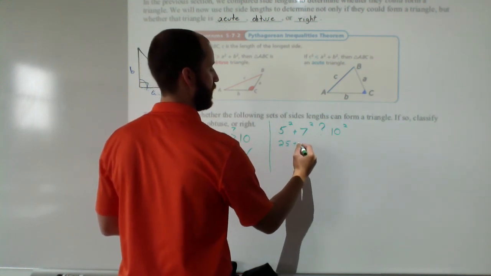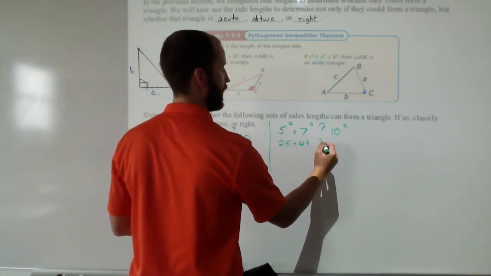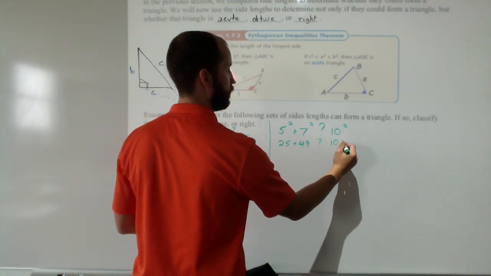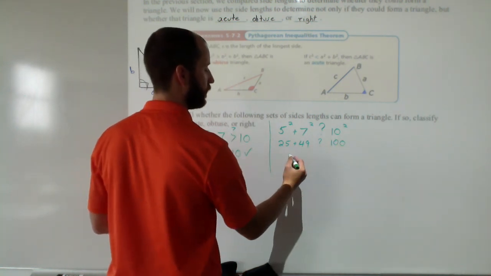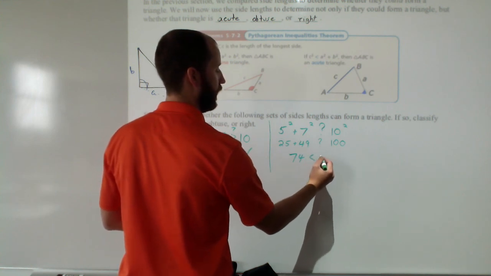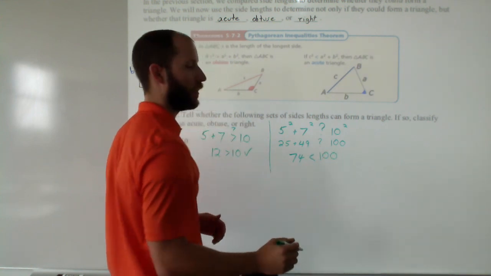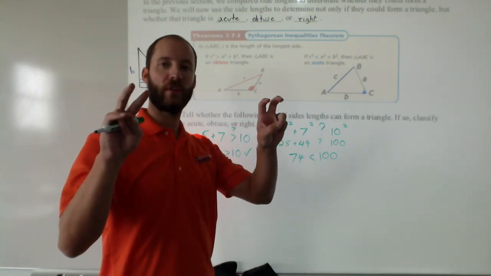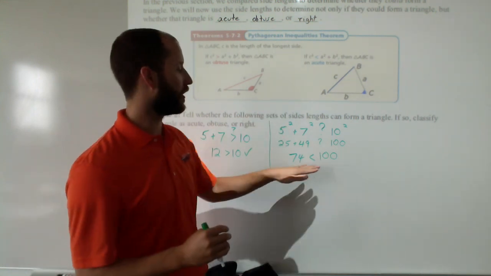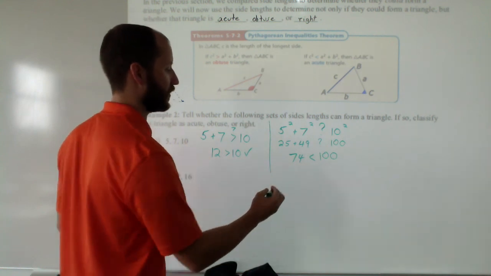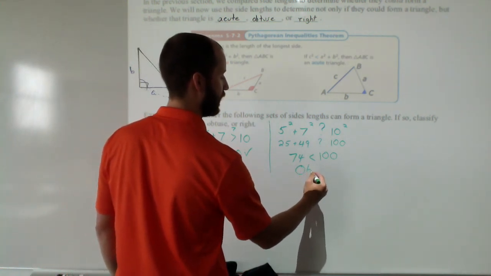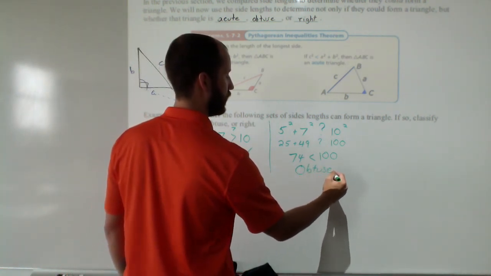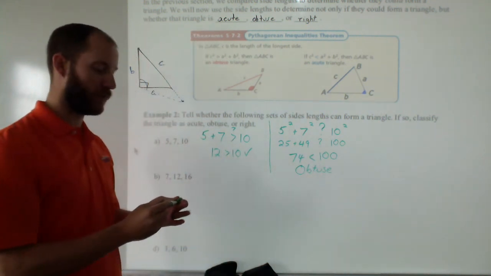We have 25 and 49 compared to 100. That gives us 74, which is less than 100. So the hypotenuse got bigger. It's bigger than the other two sides squared and summed. That means the right angle got bigger. So the triangle is obtuse.